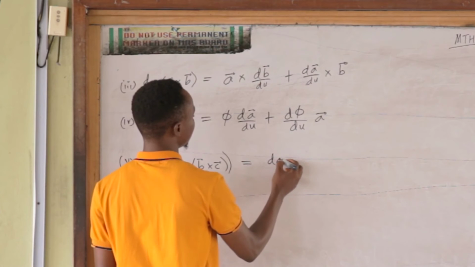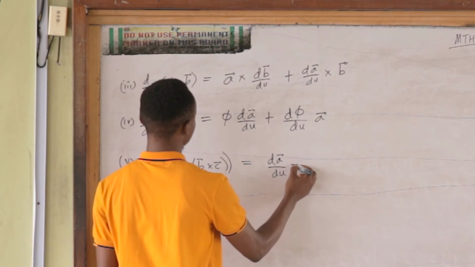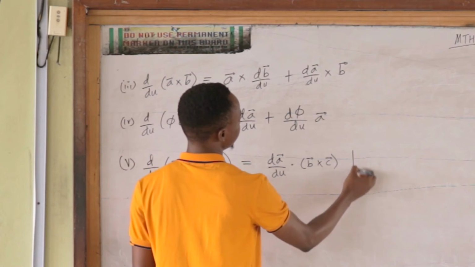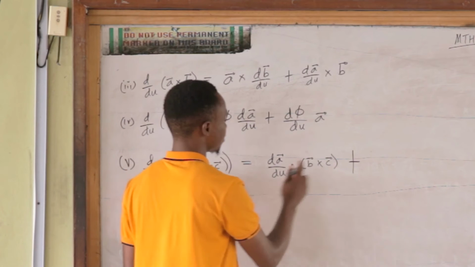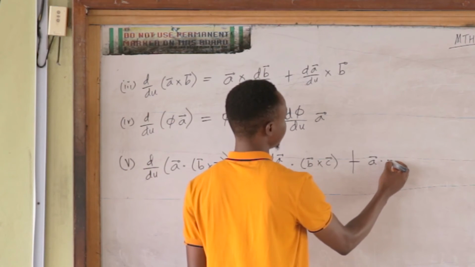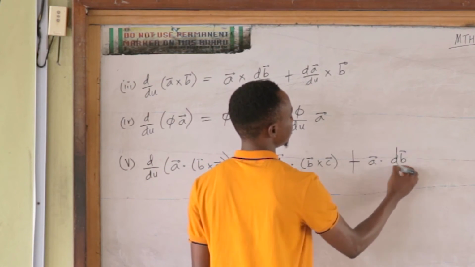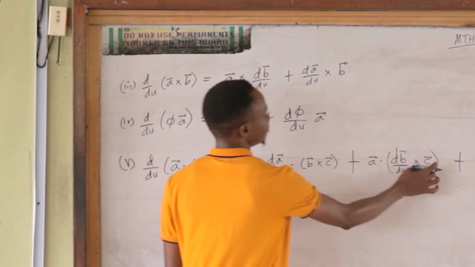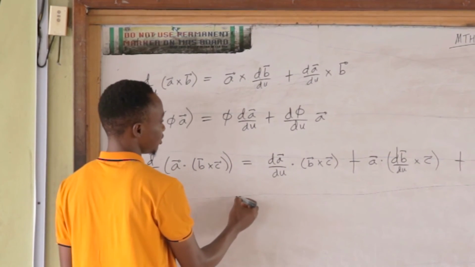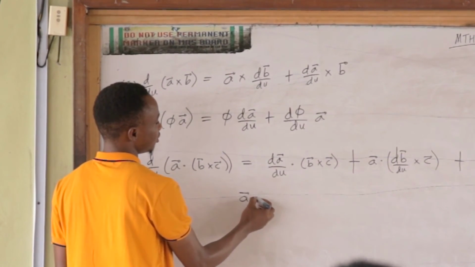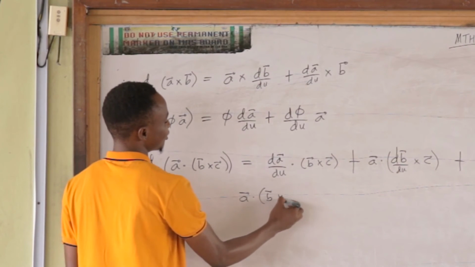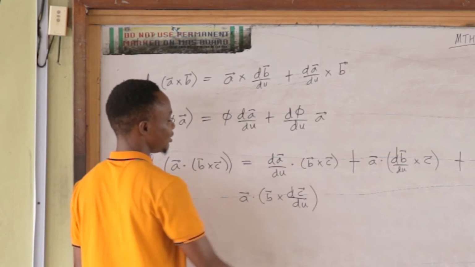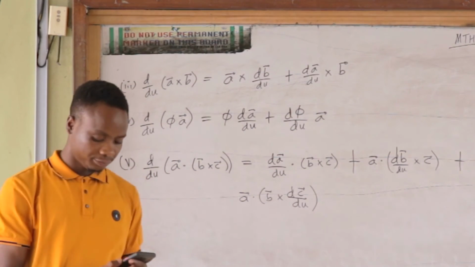So I'm going to pick the first one: A du dot B cross C. You understand that? Plus differentiating this, keeping others constant: A dot dB du cross C, plus differentiating this, keep A and B constant. That's going to be A dot B cross the C du. You get it? That's good.